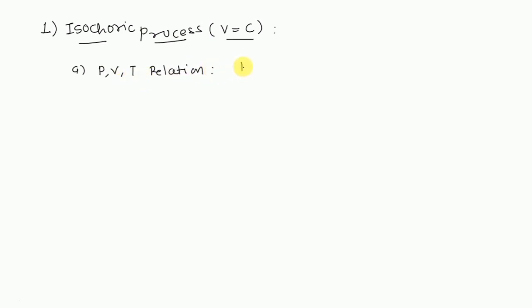We know the gas characteristic equation PV equals mRT. If we rearrange this, we can write PV upon T equals m into R, where m is a constant and R is also constant. So PV upon T equals constant.